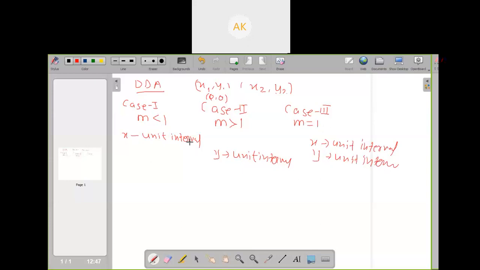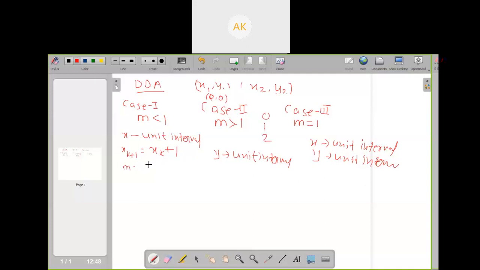When x moves in unit interval, xk plus 1 will be xk plus 1. That is, the next point is the previous x plus 1. If your point position is 0, 1, the next x will be 1, so you are moving previous plus 1 each time. So what will be m?